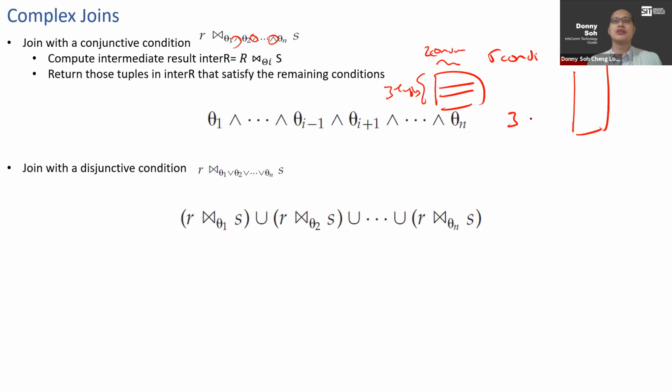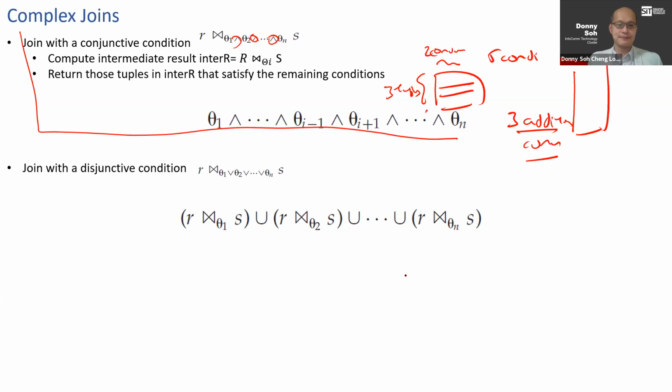So there are 3 additional conditions. When I return, I can return only the tuples of these 3 that satisfy the remaining conditions. Okay, so this is what this portion actually means.